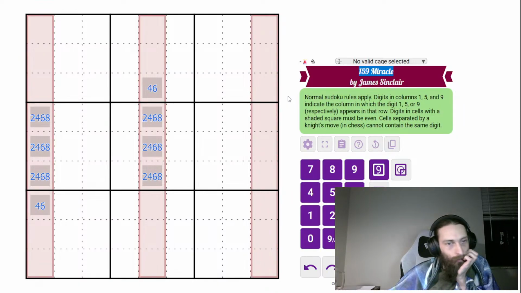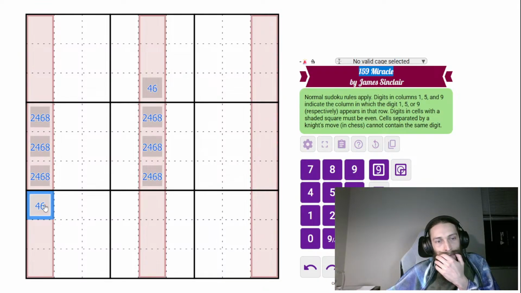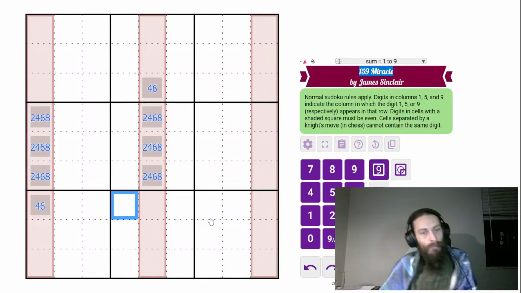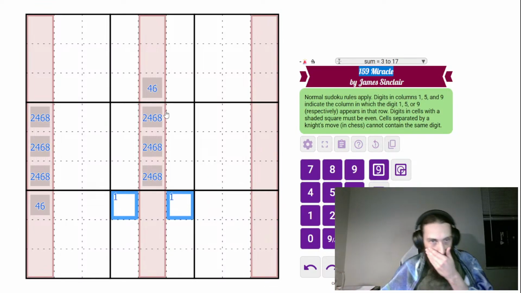Now we also have anti-knight. Well, we know in row 7, one of the ones is one of those two.